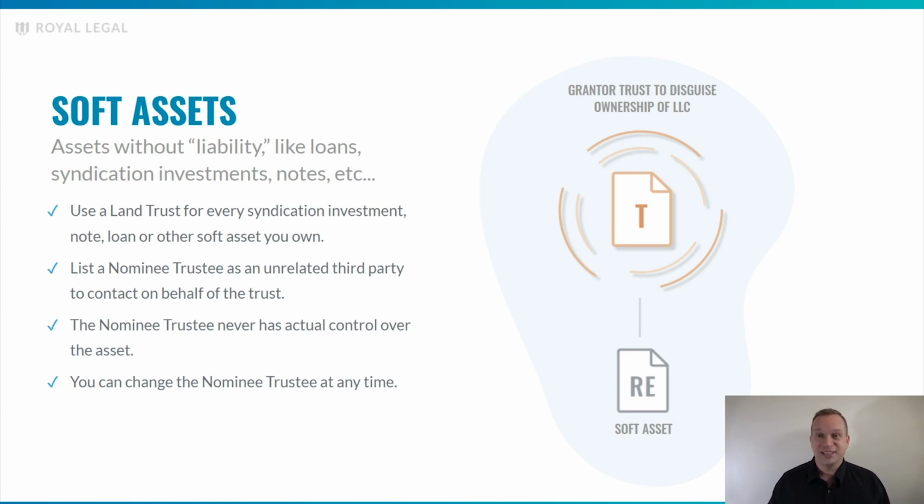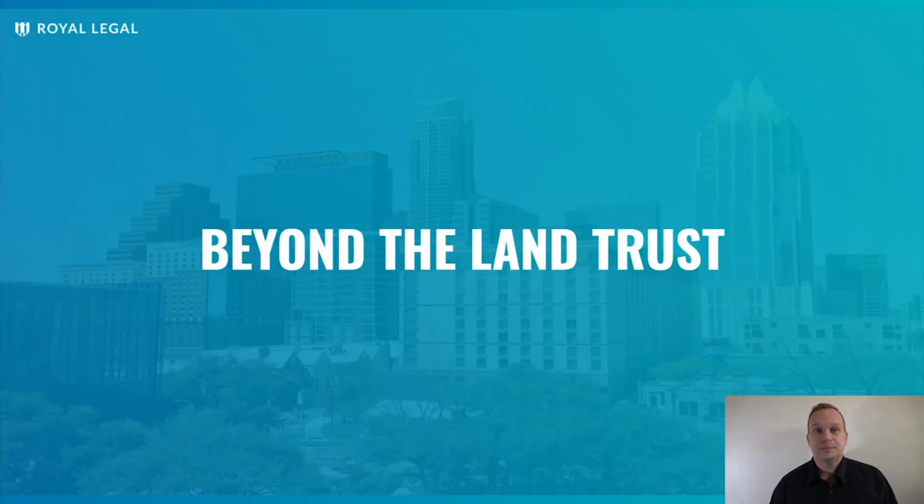I'm the one that signs everything, and all of the information related to this trust is all protected then by the attorney-client privilege, which is the very highest information security that you get. And at any time, the nominee trustee can be changed by the client without any intensive undertaking, right? It's very, very easy to change the nominee trustee as you like.